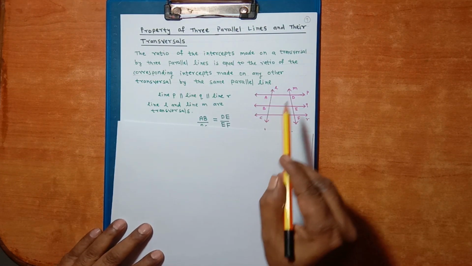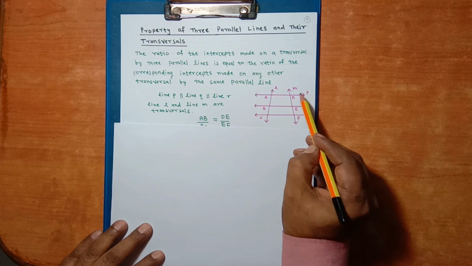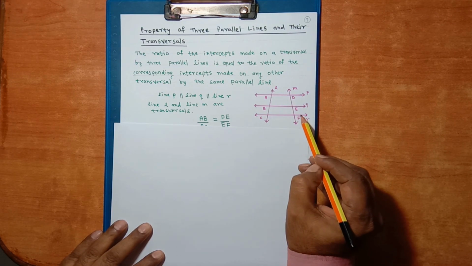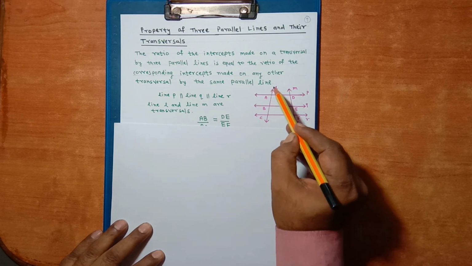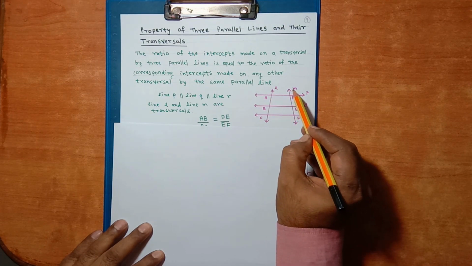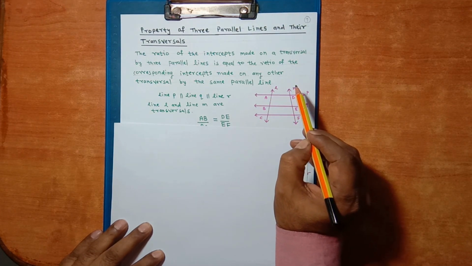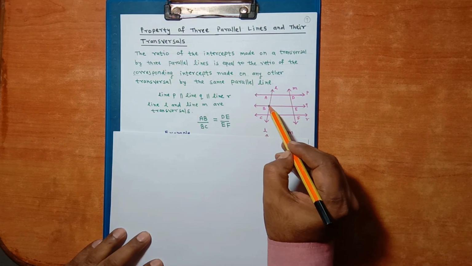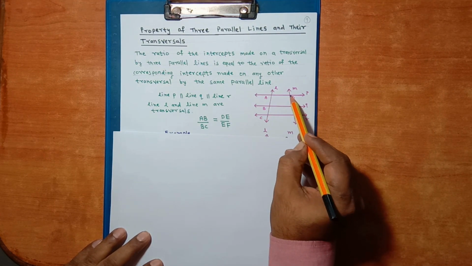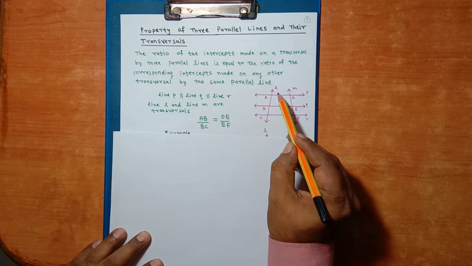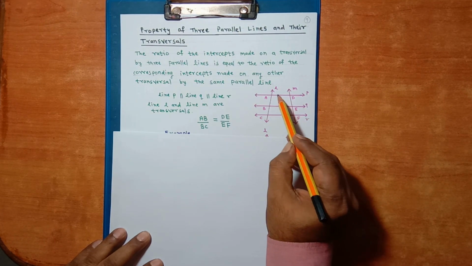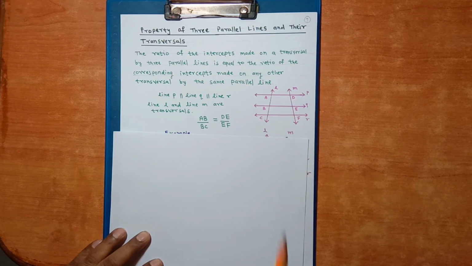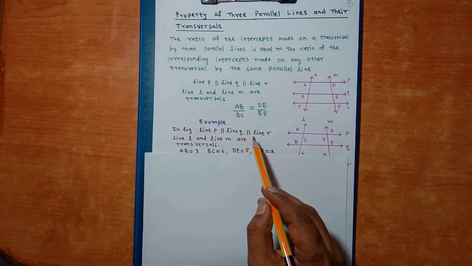Now in the diagram, line P parallel to line Q parallel to line R, line L and line M are transversals. Then we get AB upon BC is equal to DE upon EF. These are the intercepts made on transversals by three parallel lines. Let us solve one example based on it.